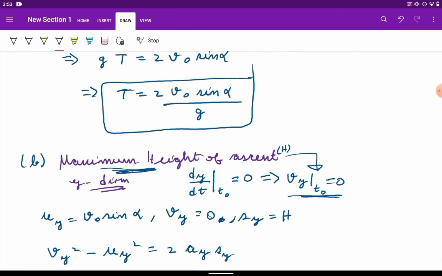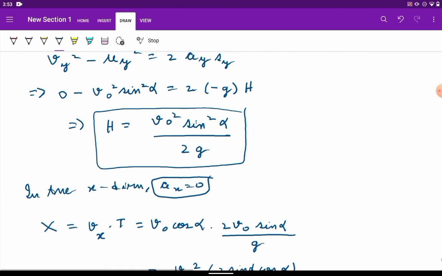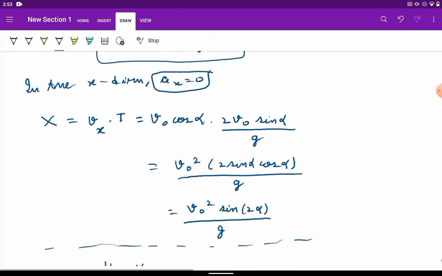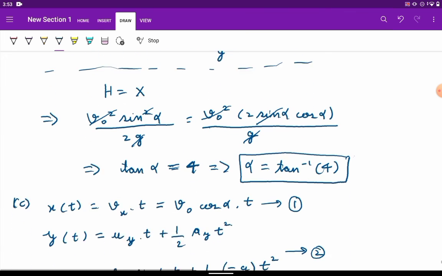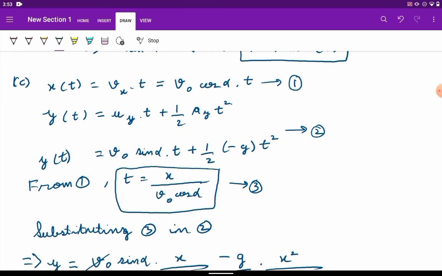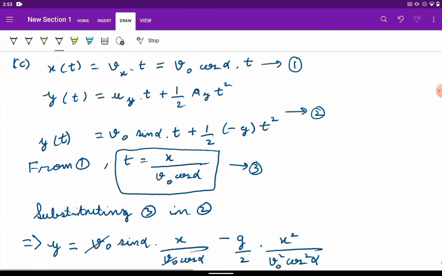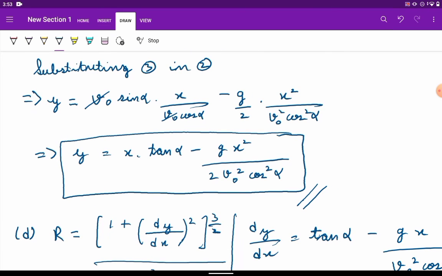The maximum height of ascent is the square of the vertical component by 2g. This is important. The horizontal range is v naught square sine 2 alpha by g, which you can infer easily. This equation is also important: y is equal to x tan alpha minus g x square by 2 v naught square cos square alpha.